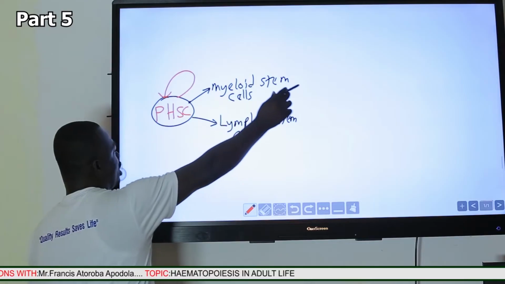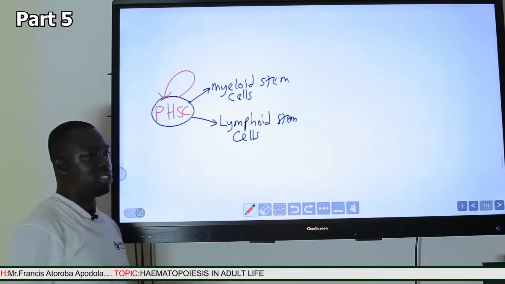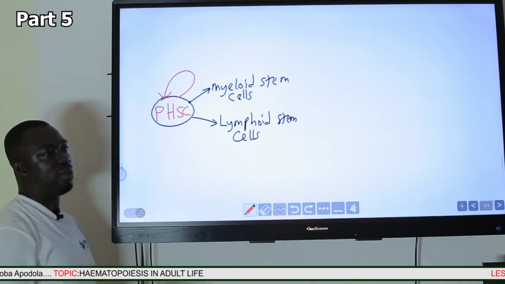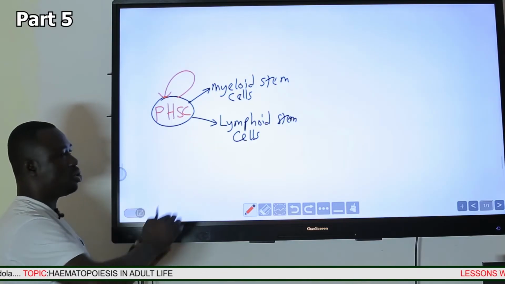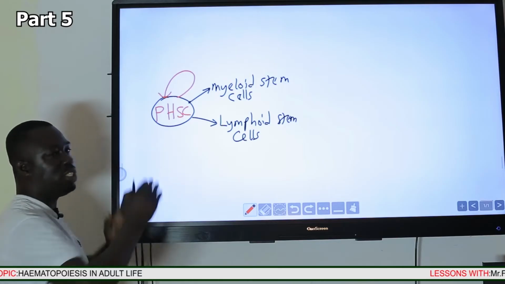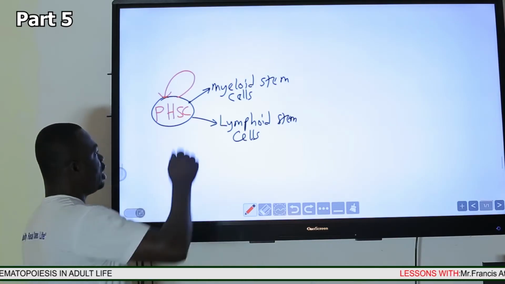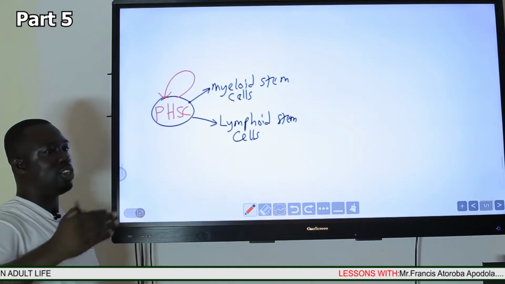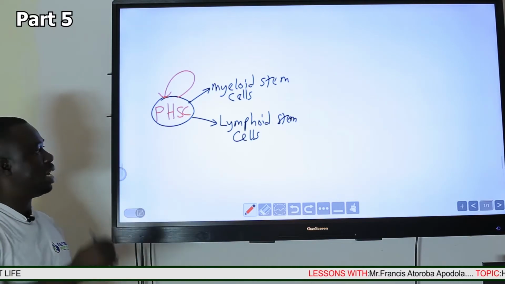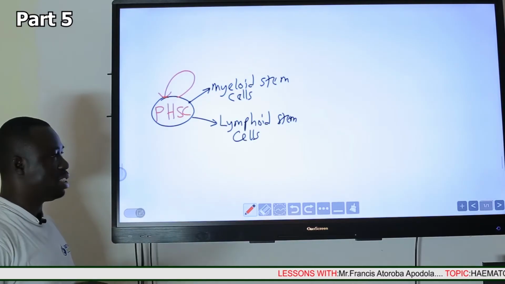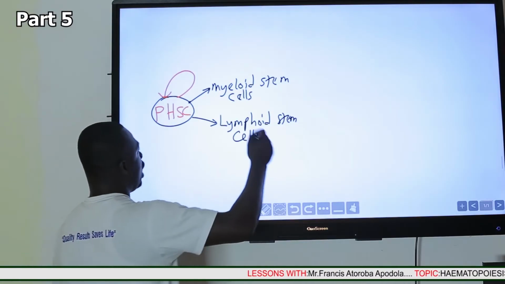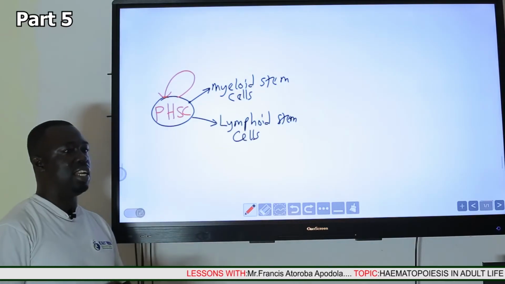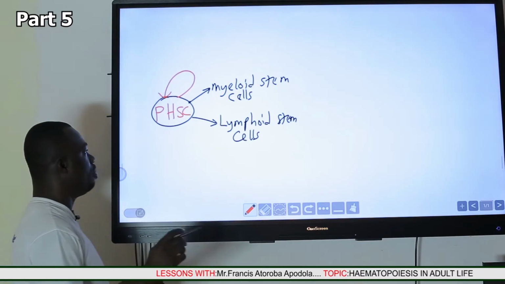These myeloid stem cells and the lymphoid stem cell also have potential. They are also stem cells, and all these stem cells we are talking about are within the bone marrow. These myeloid stem cells and lymphoid stem cells have the ability to give rise to more than one class of terminally differentiated cells. Because they have more than one, we say their potential is many, and many is called multi.